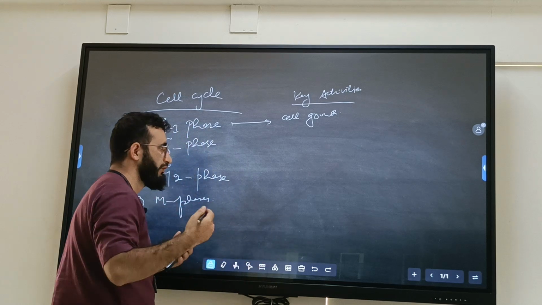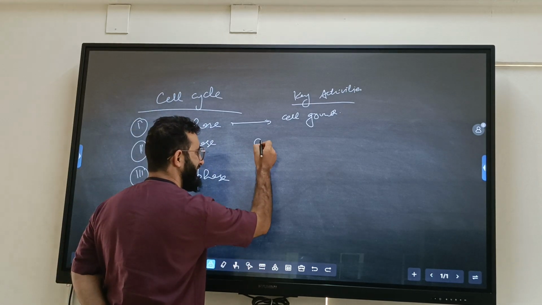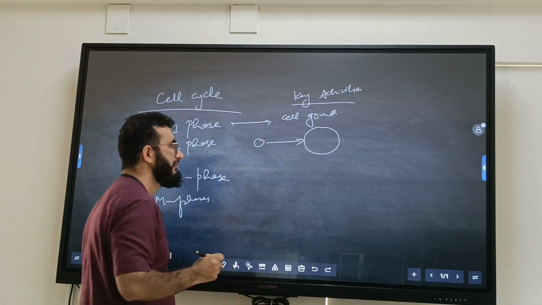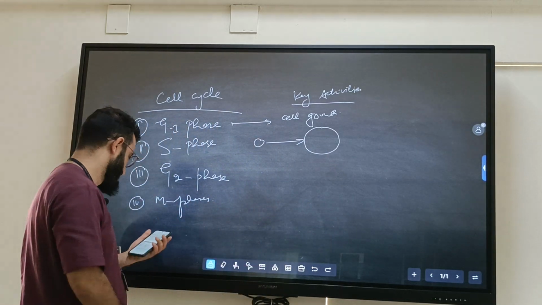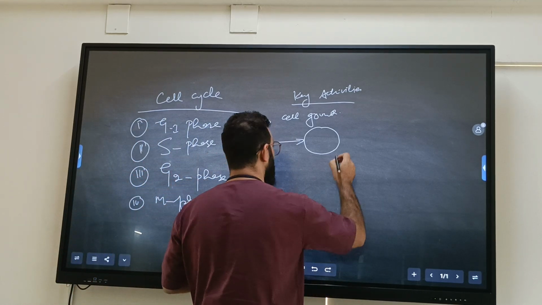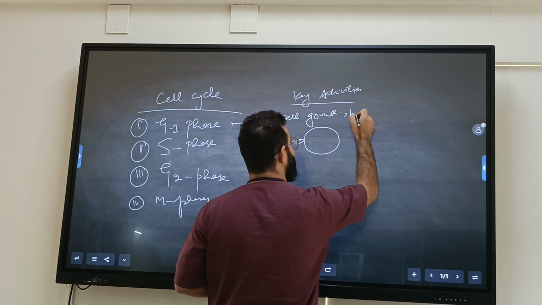When the cell wants to divide, the first phase is that the cell will grow and prepare for DNA synthesis.